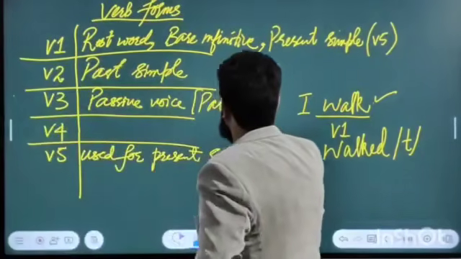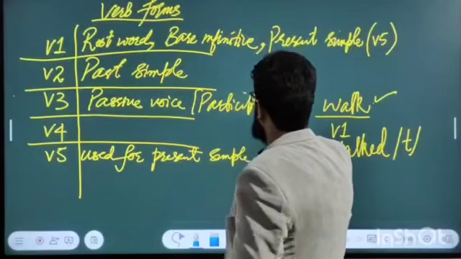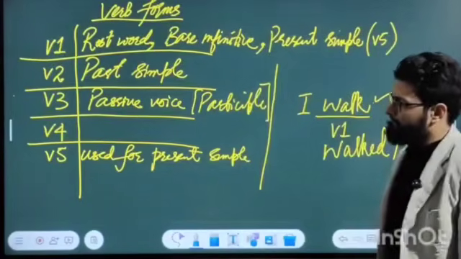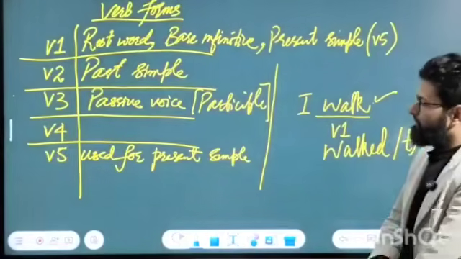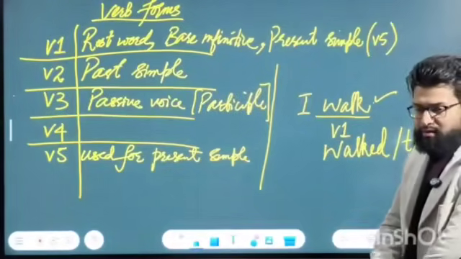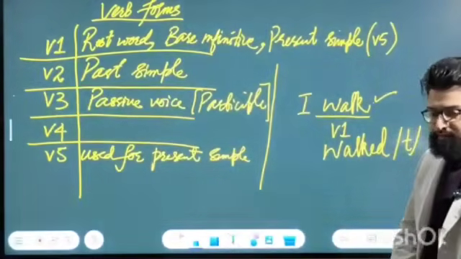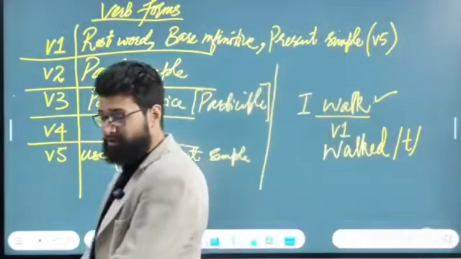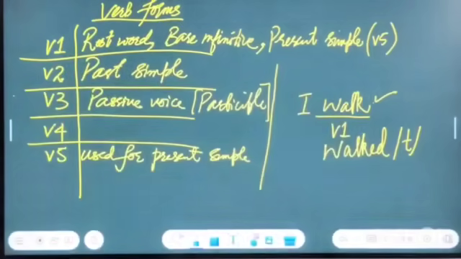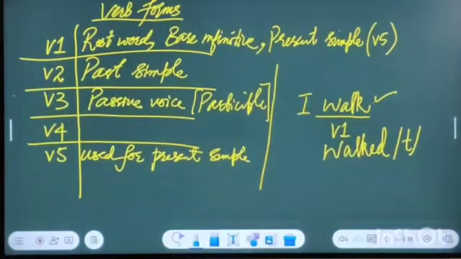Write this in the bracket. Participle. Used for passive voice, and we call it participle. Participle is not a permanent name for this. Okay, do you have any confusion?